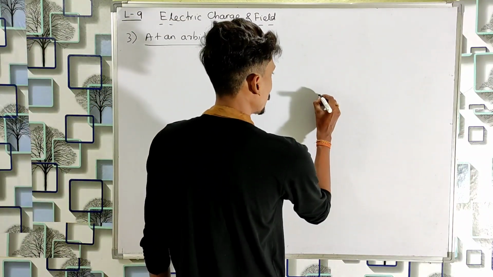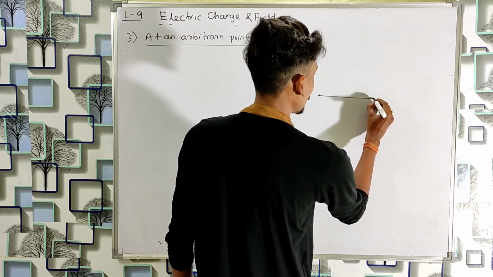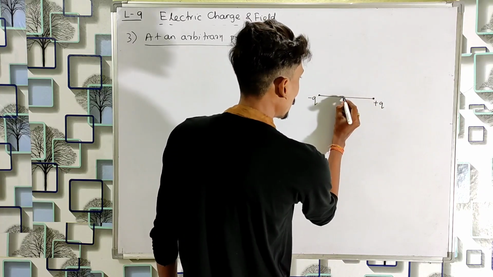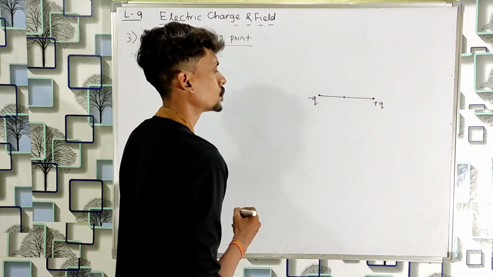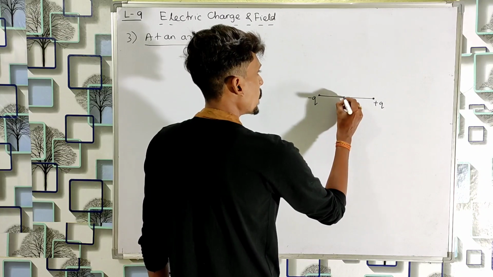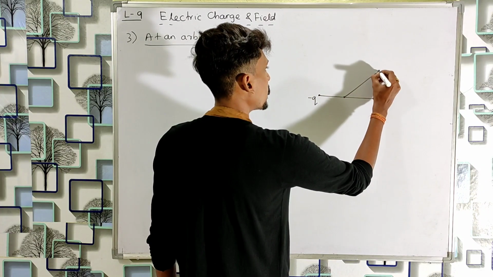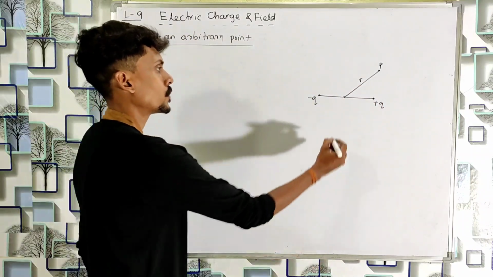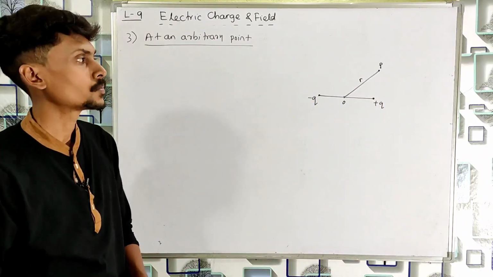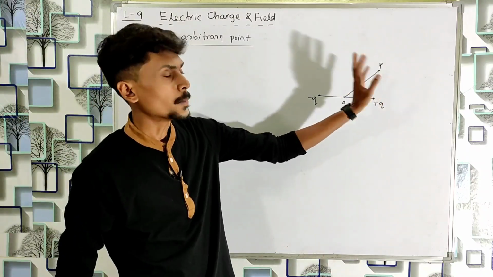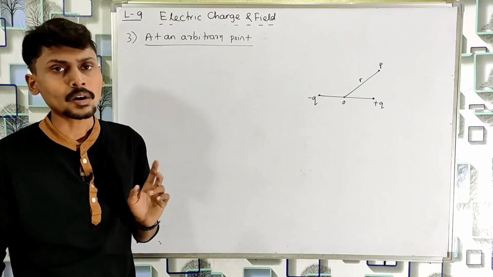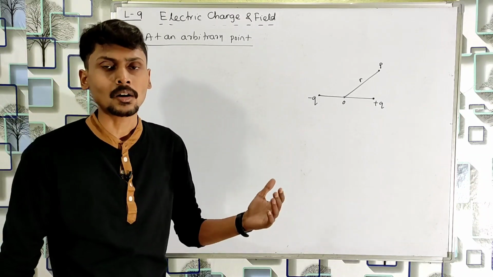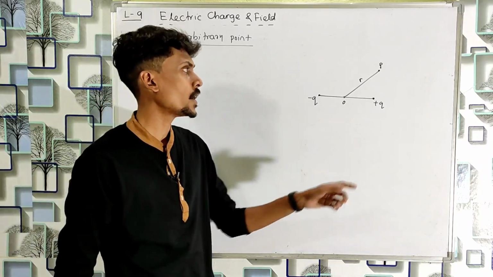For example, we have a dipole consisting of 2 charges, minus q and plus q. O is the center of the dipole. Now I have a point P here. The distance of the point P from the center O is r. You can see that this point P is neither axial nor equatorial, so you cannot use the formula for E axial or E equatorial to find the electric field at this point.